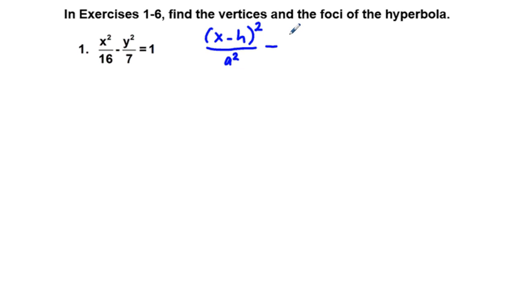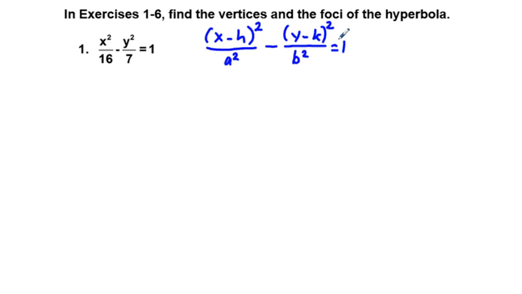So we're going to have minus quantity y minus k squared over b squared, and those will be equal to 1.